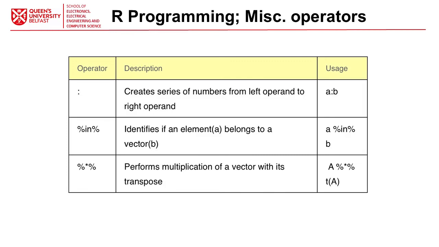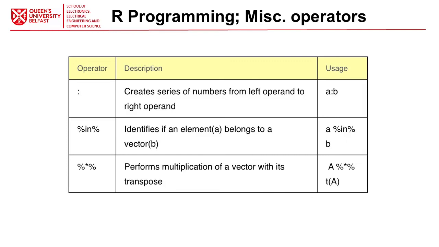Technically, it creates a multiplication of A and the transpose of A. Transpose of a matrix is when we switch the rows and columns of a matrix. Okay, and you can easily do this by using the function t with brackets or this.